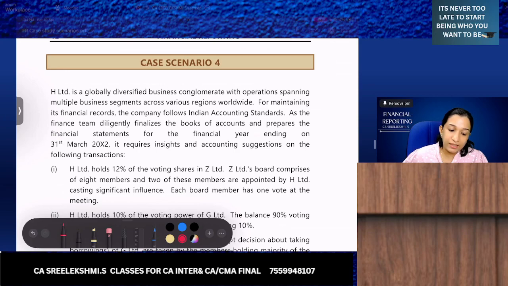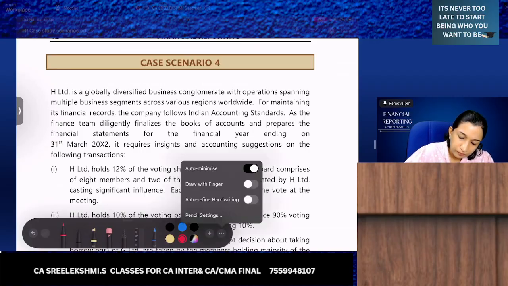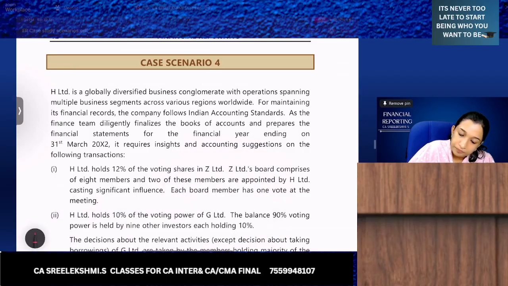For maintaining its financial records, the company follows Indian accounting standards, Ind AS. As the finance team diligently finalizes the books of accounts and prepares financial statements for the financial year ending 31st March, it requires insights and accounting suggestions on the following transactions.